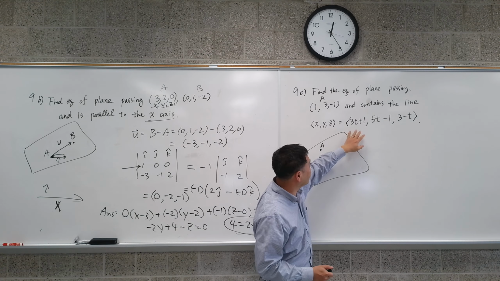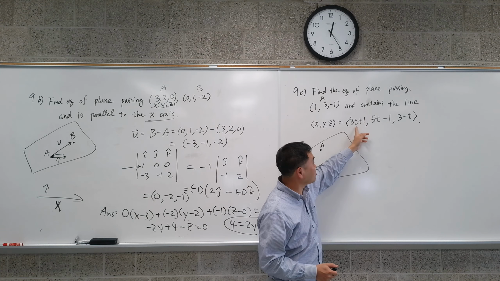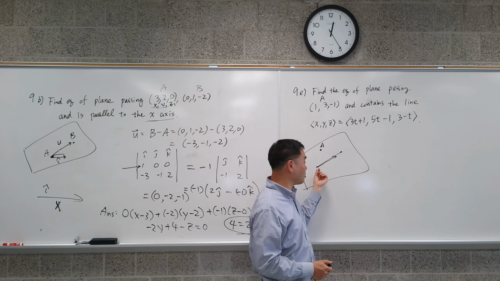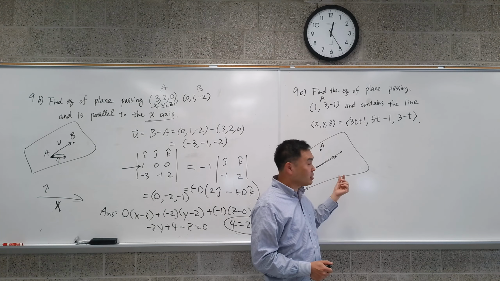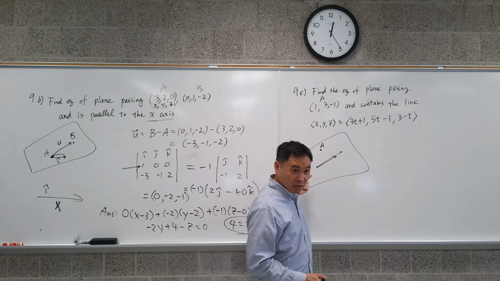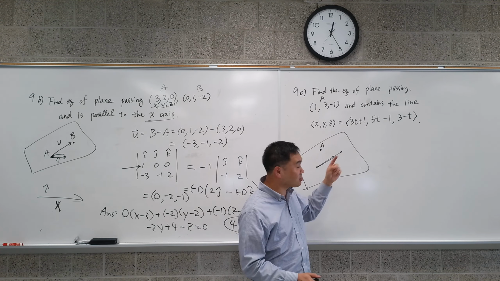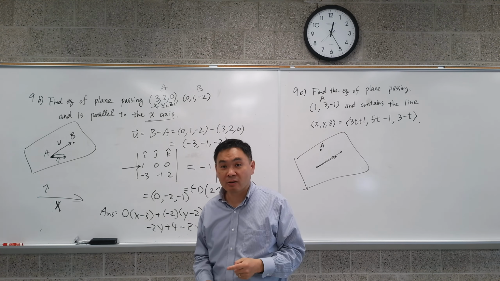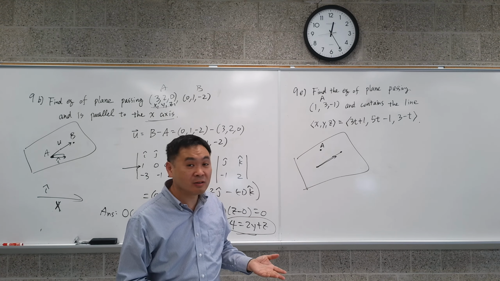Sorry. You know that this is a moving particle, right? Because for each value of t, it gives you a location of the moving particle. And direction of the line means it's the vector that's pointing in the direction of the movement, right? What is the direction of the line? Yep, A, B, C. What is A, B, C? 3, 5, negative 1.